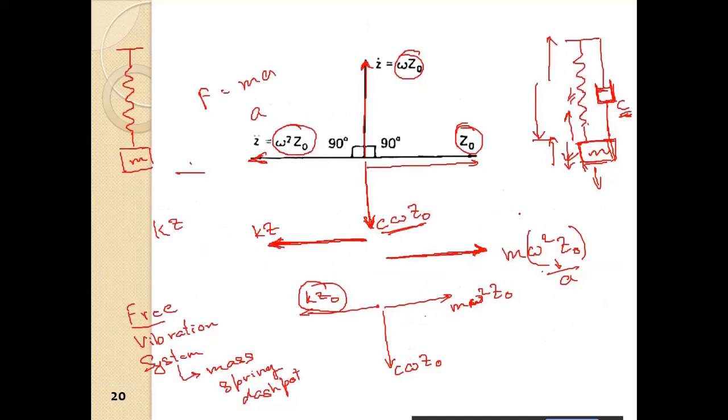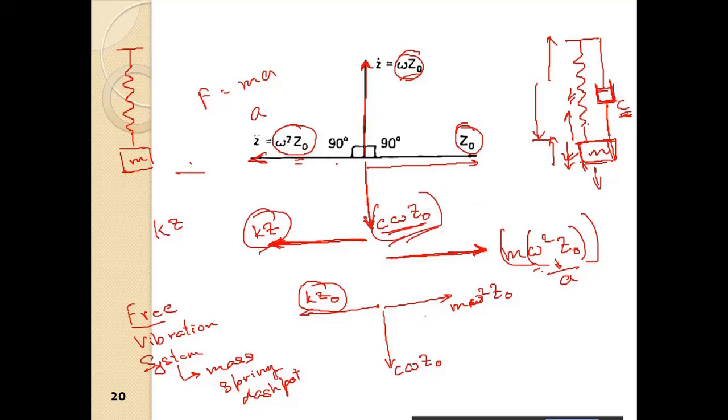Now, this is maximum displacement, this is maximum velocity, this is maximum acceleration. So this is maximum inertial force, maximum spring force, and maximum damping force, or dashpot force.